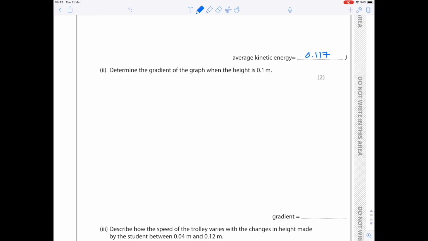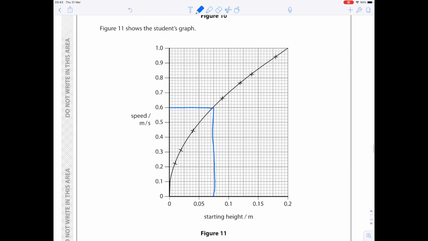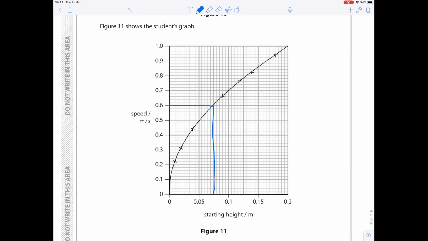Determine the gradient of the graph when the height is 0.1 meters. Now notice it's a curve, so we're going to have to find the tangent to this curve. So 0.1 is here, so we need to find a tangent to this line. So you basically draw a straight line, which I'm going to struggle to do because I don't have a ruler that I can use on the iPad. Let's say it's here. Now obviously the gradient is found by doing the change in y over change in x.